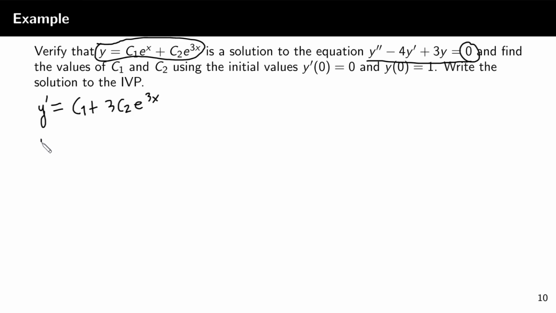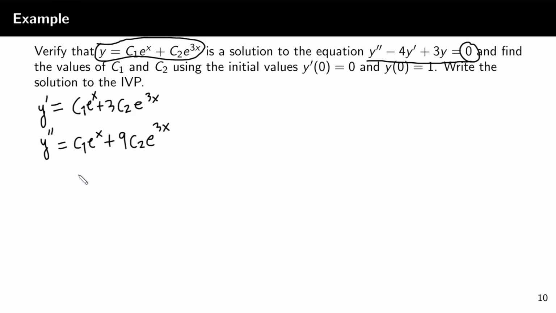And then y double prime, sorry, I forgot the e raised to x. So we should have e raised to x here. Okay, for y double prime, we have c sub 1 e raised to x plus 3 times 3, so that's 9, c sub 2 e raised to 3x.